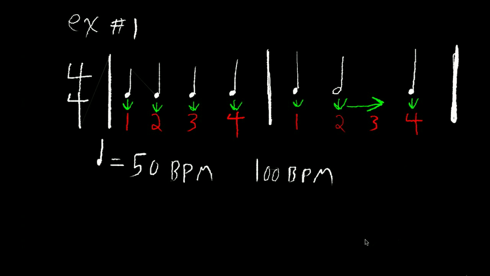Okay. Actually, let me do that one more time. A dump truck just drove by my window, so that might have been a little bit noisy. Here we go again. 1, 2, 3, 4. 1, 2, 4. Okay, so anyway, there we go.